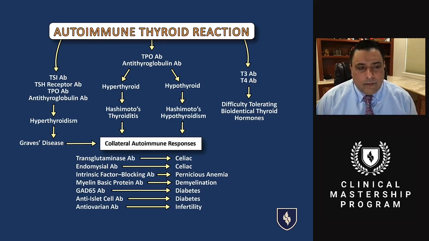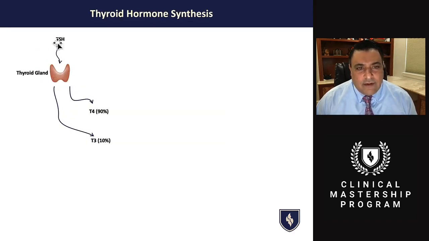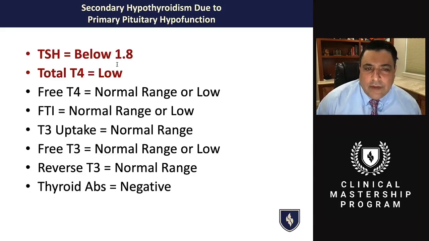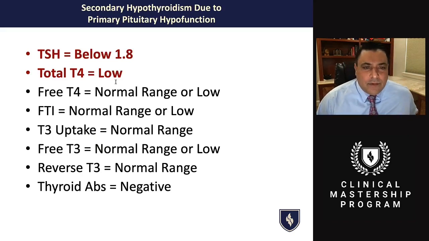Now, moving on from autoimmunity, let's get into these pituitary patterns. A pituitary pattern is the TSH is low and the total T4 is low. So basically, there's not enough thyroid stimulating hormone activity to help synthesize T4. And with lab ranges, what you'll typically see is the TSH levels are below 1.8 and the total T4 levels are below the lab range.